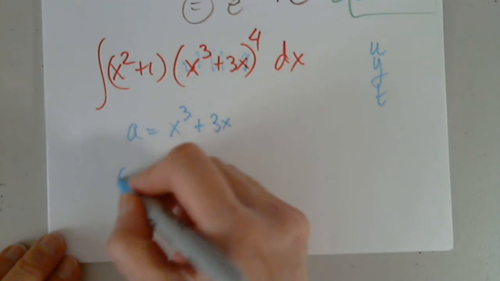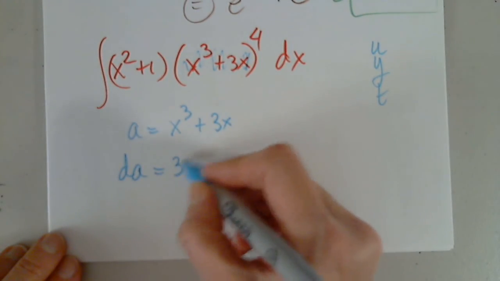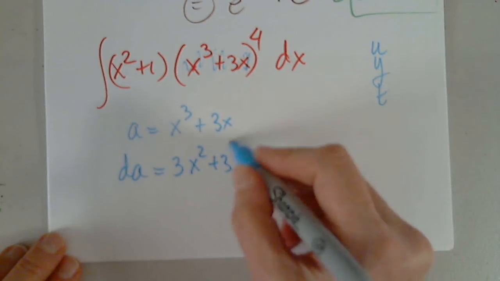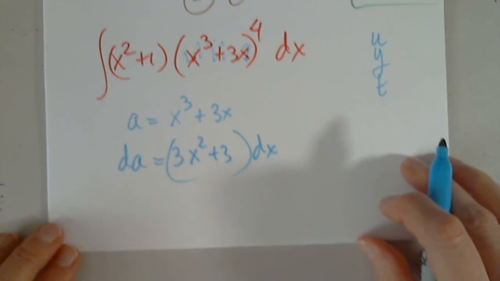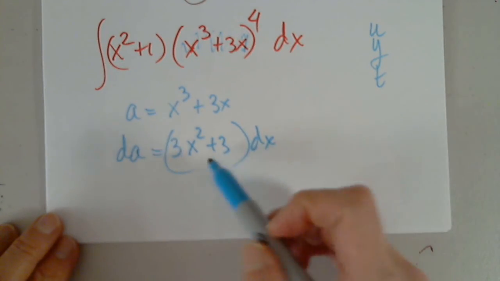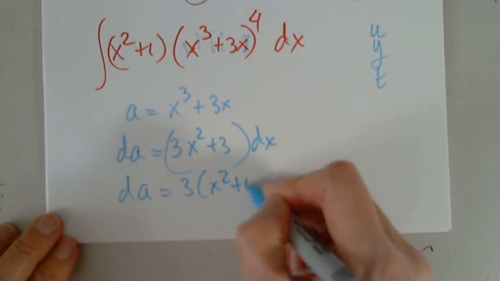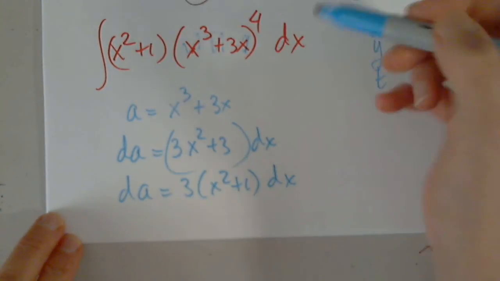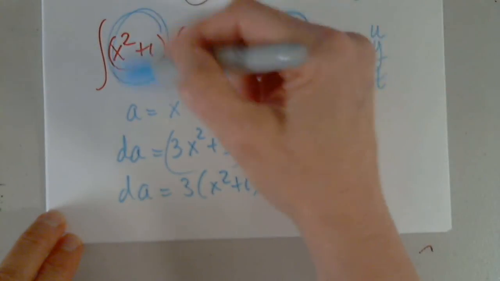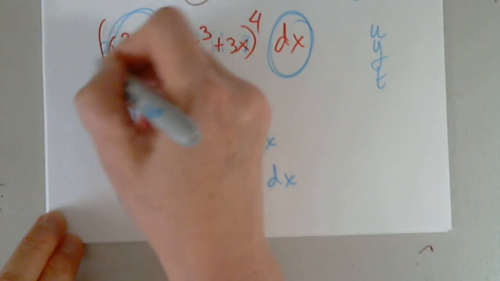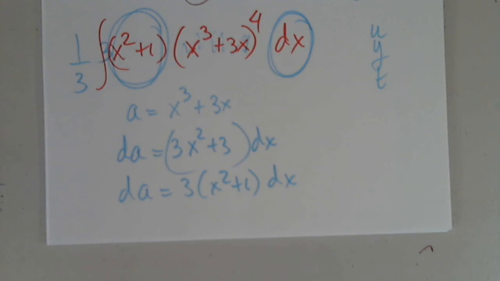As long as dA is in the problem, 3x squared plus 3 dx. So if I factor out 3, I see I'm in business. I need a 3, no problem. That I can make up anytime. Multiplying and dividing by 3 doesn't change anything.